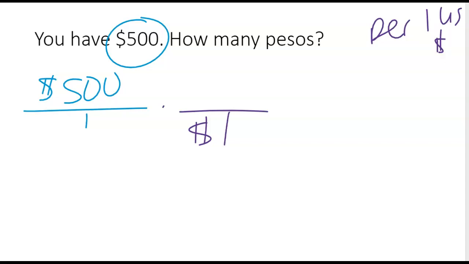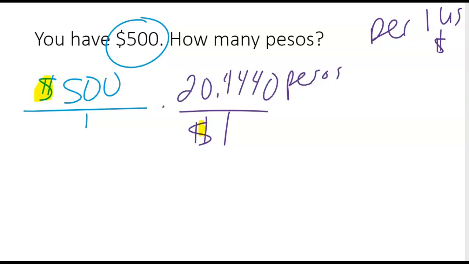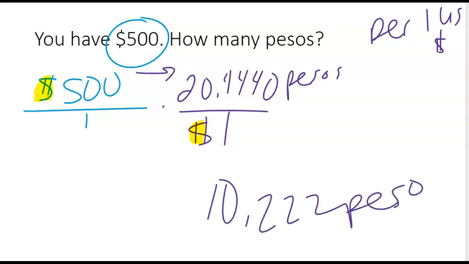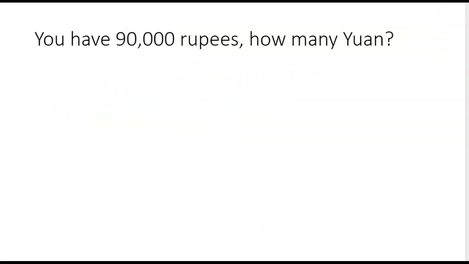So per 1 US dollar is 20.4440 pesos. So this makes my dollars cancel out. I multiply straight across, and I end up with an answer, once I can find it, of 10,222 pesos. So $500 is the same as over 10,000 pesos. It's pretty straightforward. Let's do a harder one.